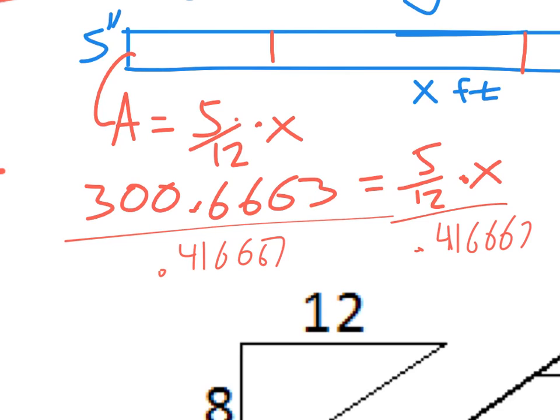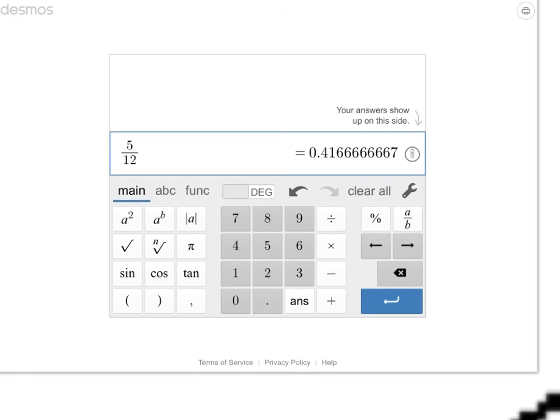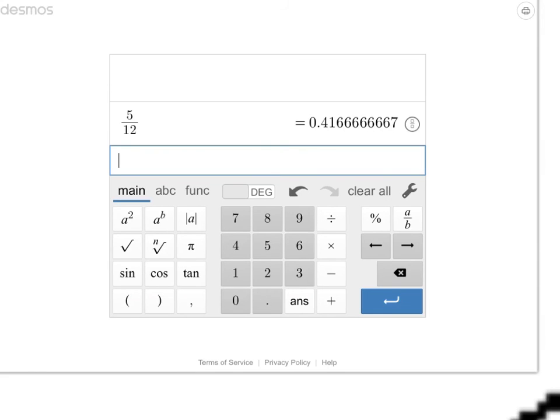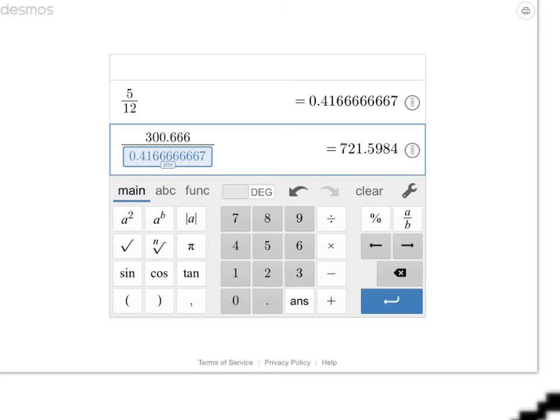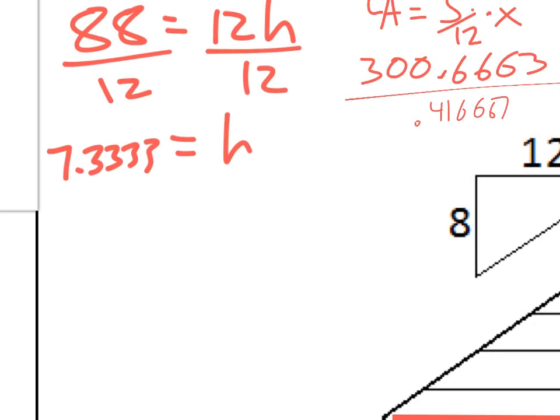All right, and so we divide that out. So let's take 300 divided by that, and we'll have our answer. So if we take 300.6, and we divide that by the 0.416, we get 721.59. All right, so 721.59.